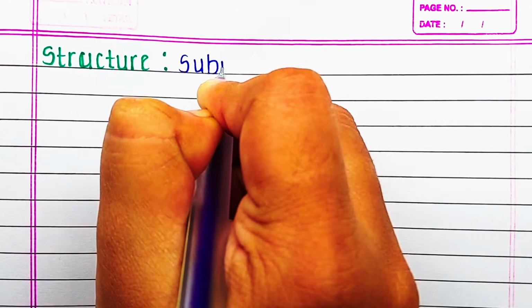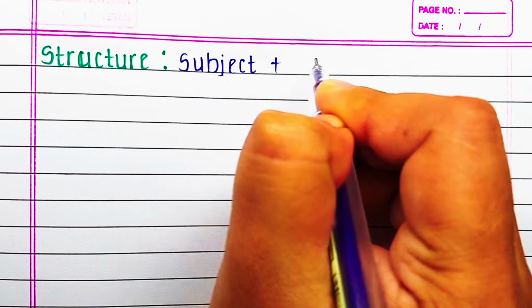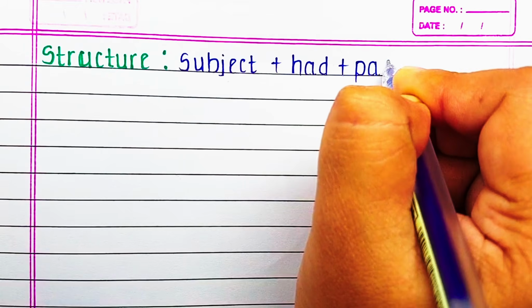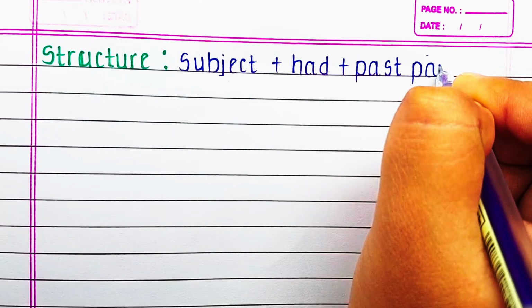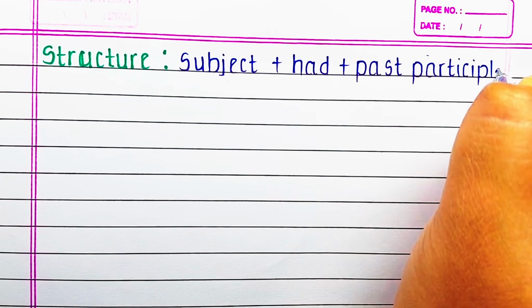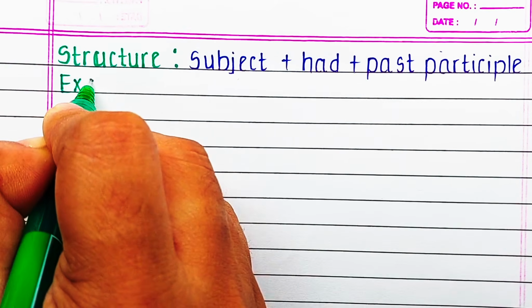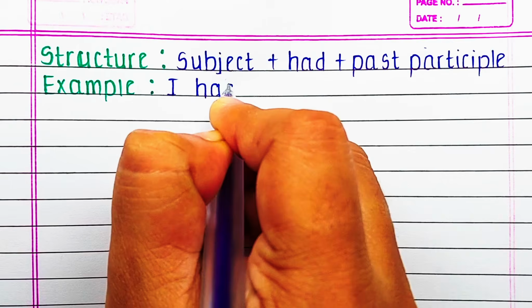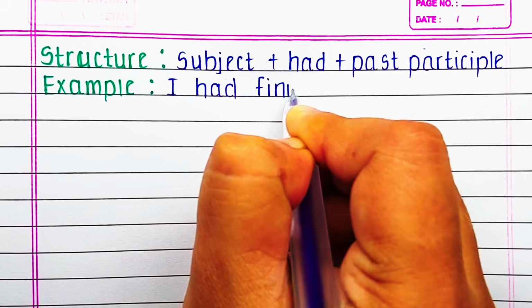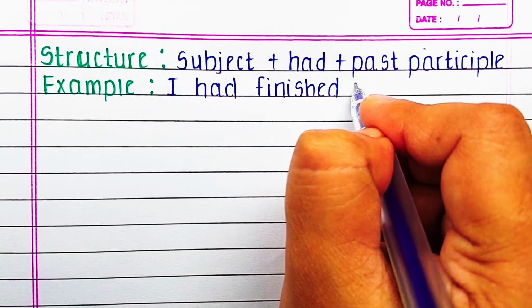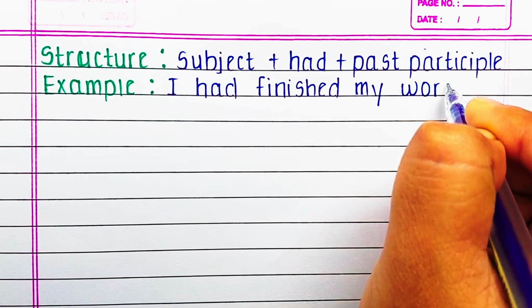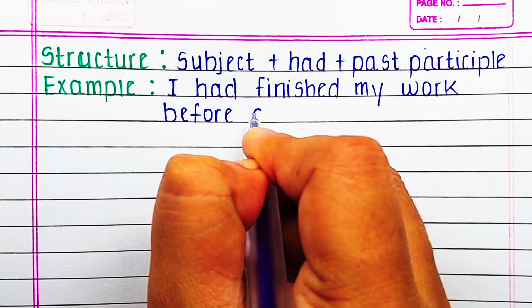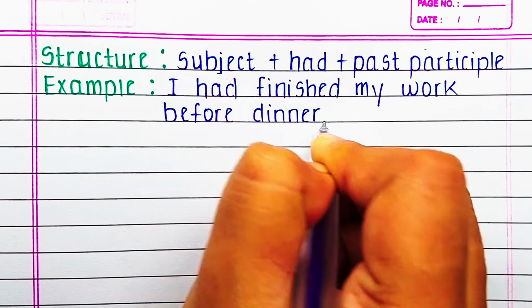Now, talking about its structure, subject plus had plus past participle. For example, I had finished my work before dinner.